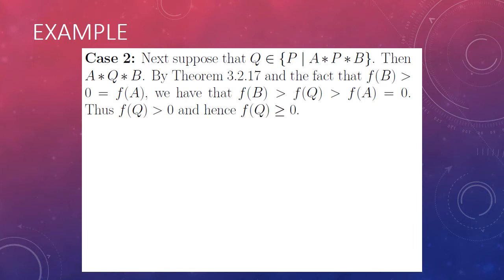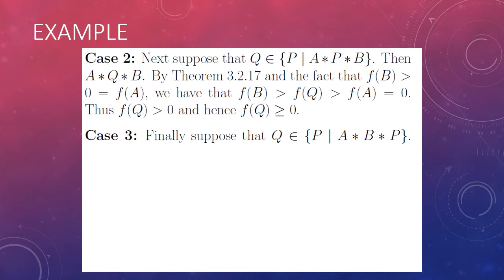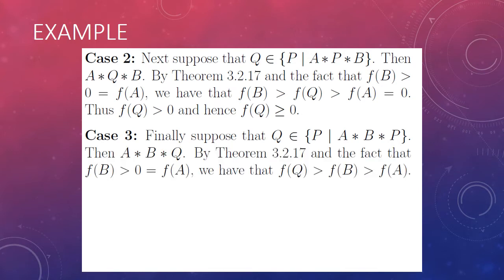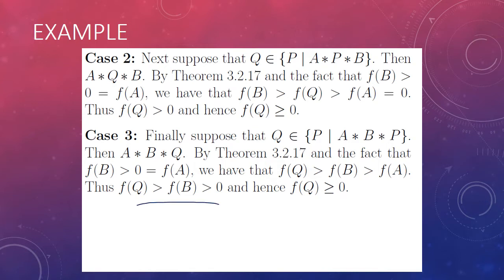Finally, we point out that f of Q being greater than 0 tells us that f of Q is greater than or equal to 0, because that's the condition we wanted at the end. We can do case 3, and it's very similar. First, we point out where Q is, then we apply theorem 3.2.17, and then we point out that f of Q is greater than f of B, which is greater than 0, giving us again that conclusion.